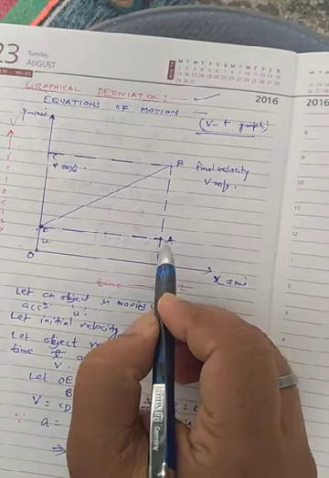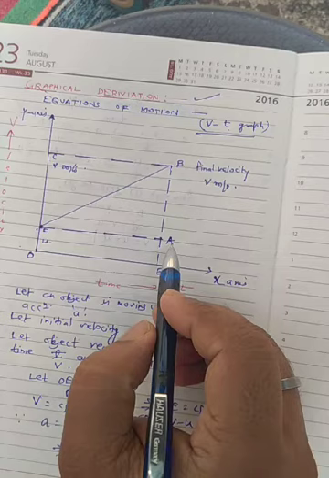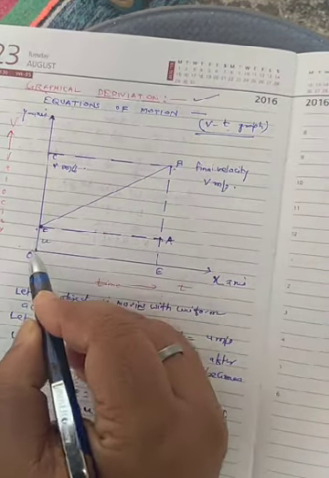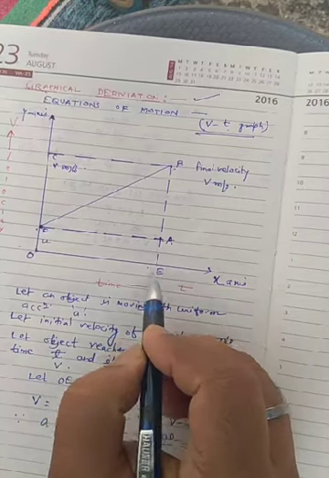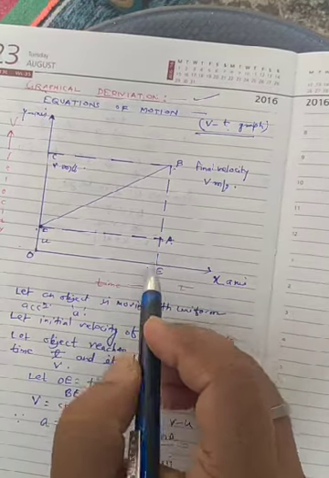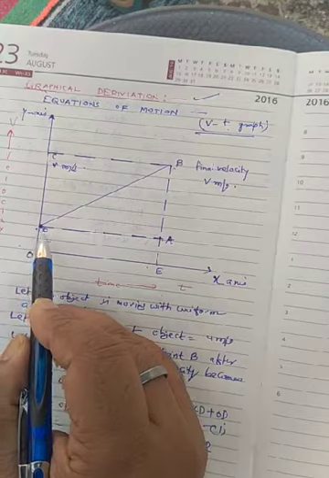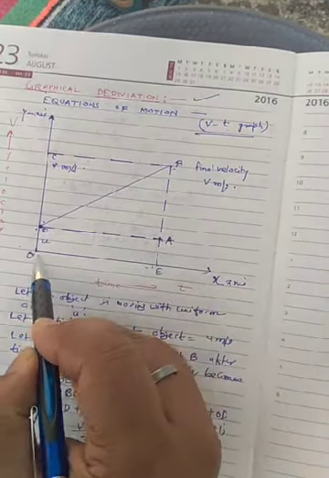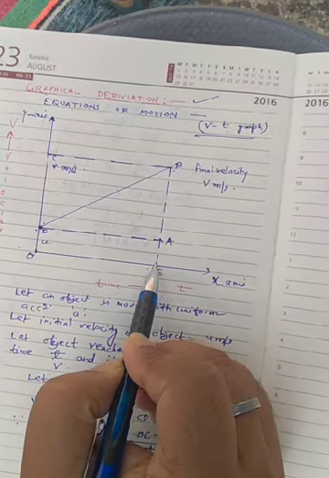This is the trapezium, students. Or in a better way we can say BDOE is a trapezium.